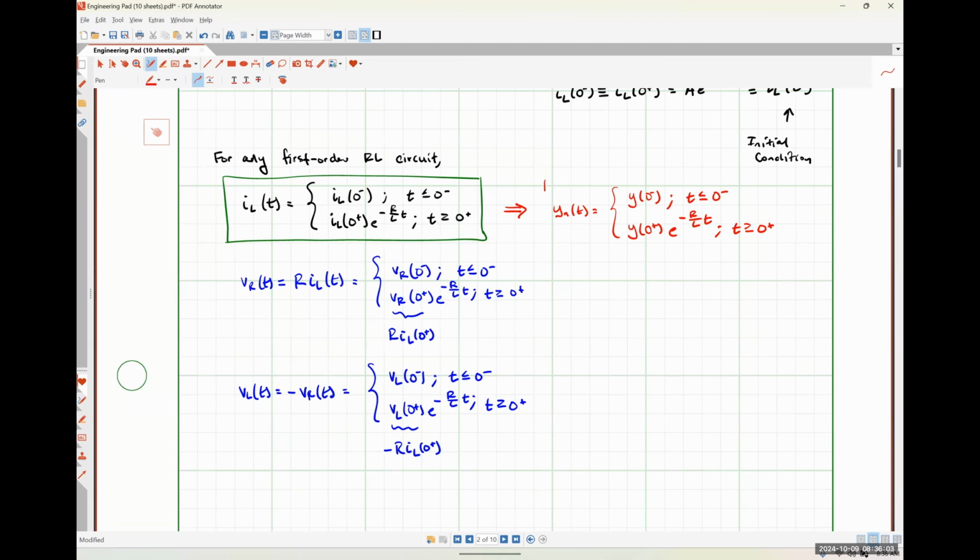We can apply this single equation to determine literally any voltage or current in our system.